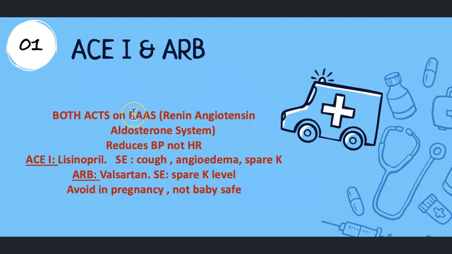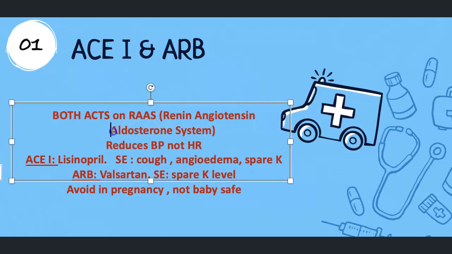By inhibiting this system, we are lowering the blood pressure, because aldosterone is responsible for retaining sodium and water, and by blocking that process, we are excreting the sodium and water from the body, hence reducing blood pressure. So these medications mainly contribute to reducing blood pressure, but not the heart rate.